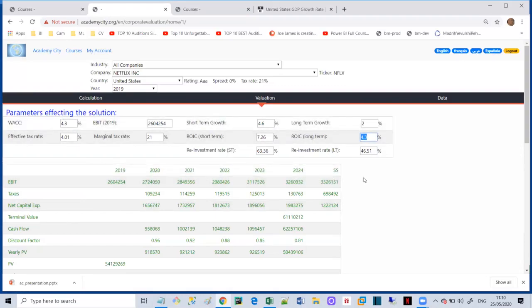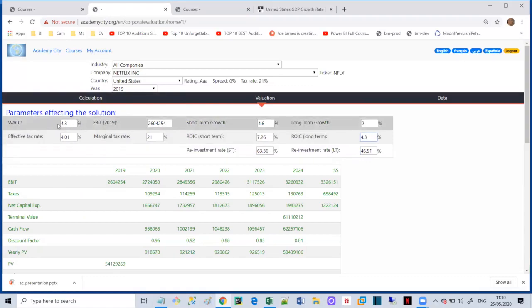So it's common to assume in the long run that the return on invested capital equals the WACC. That's something we haven't studied yet. That's the topic starting next week. We'll talk about the components of the WACC and we'll estimate the WACC.